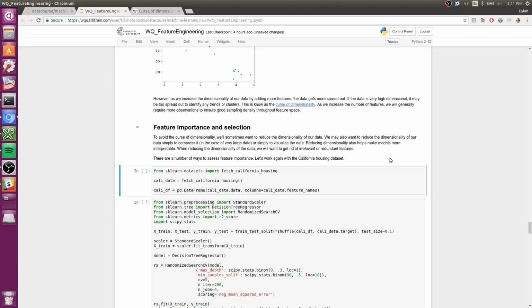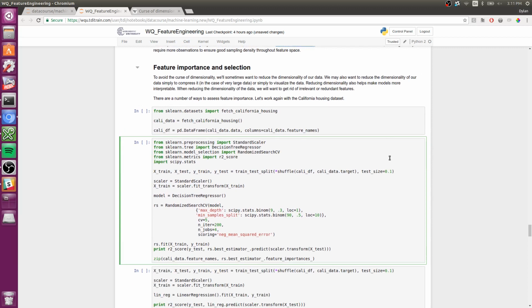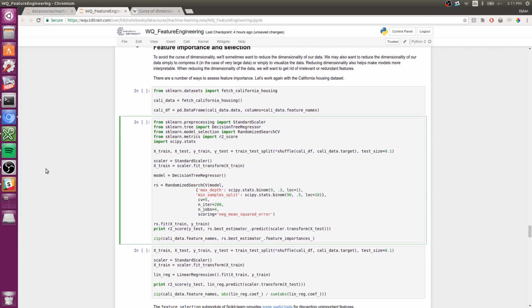We might reduce the variance of the model by eliminating this extraneous feature. So there are many ways to assess feature importance. I'll show you one here.